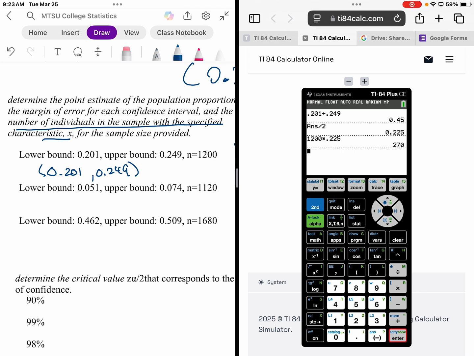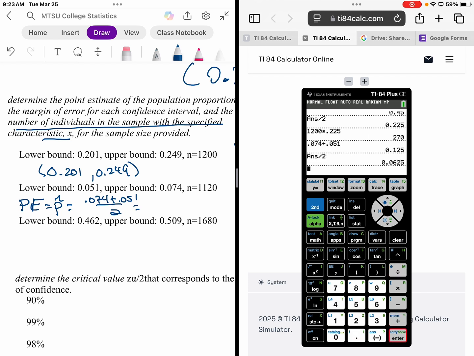So I'm going to write down that P hat, my point estimate, my PE, is going to be 0.074 plus 0.051 divided by 2, which works out to be 0.0625.